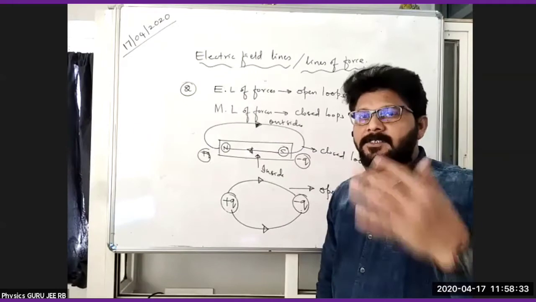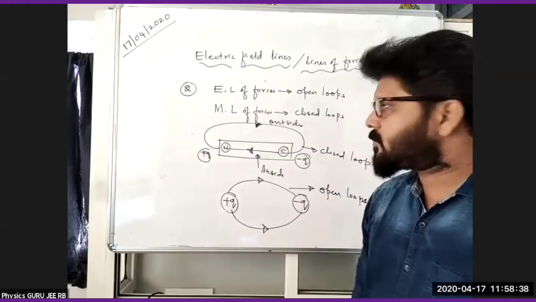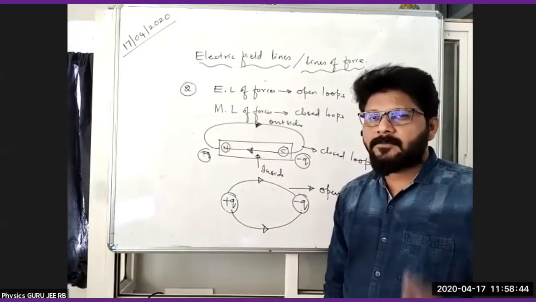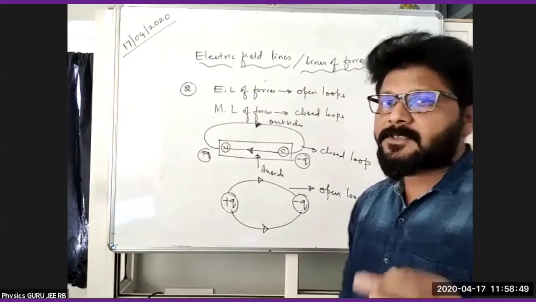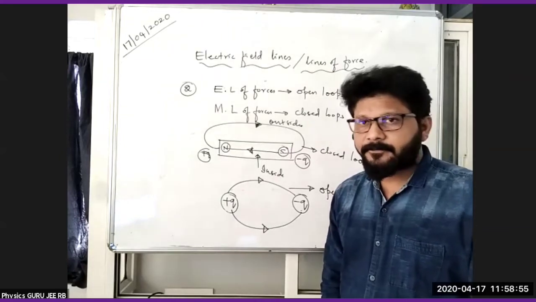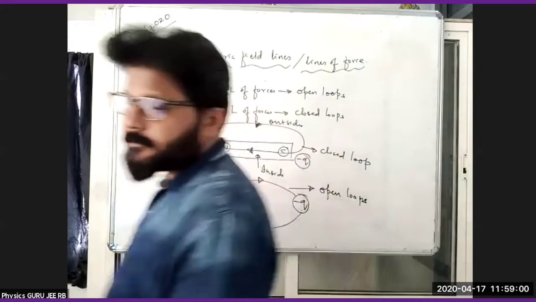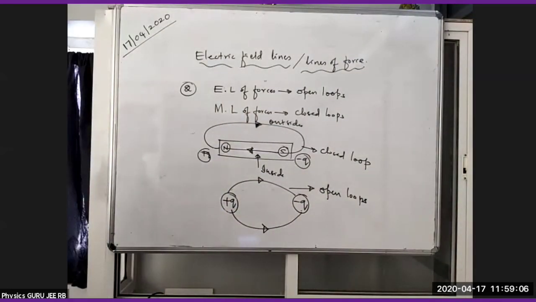Try to write once, twice, and thrice. Learn that, then you go for problems. Until you are thorough with the theory or the notes given, you cannot do a single problem. 90% of the notes I'm giving is sufficient to do any IIT JEE problem. Shall we move to the next property?